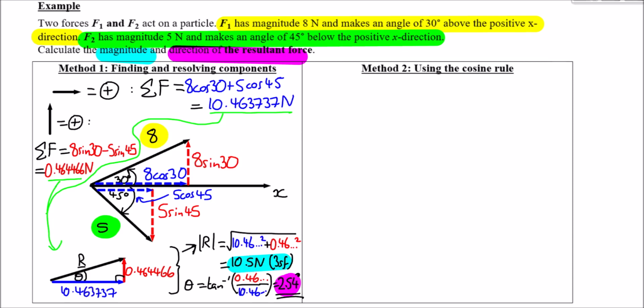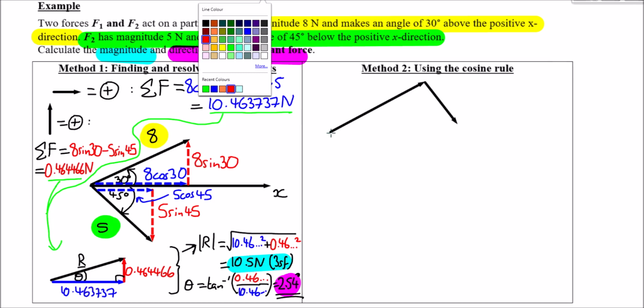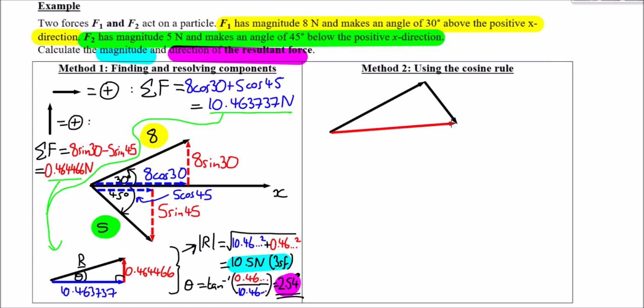So, again, what we could do is draw on these forces. So we've got the 8 Newton force, which is going upwards at a 30-degree angle, and then we can have this 5 Newton force joining to the end of this one like so. Then the resultant force will be the third side of this triangle like so.